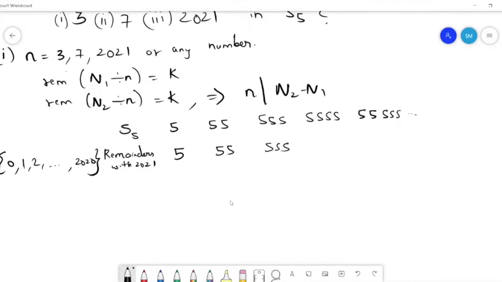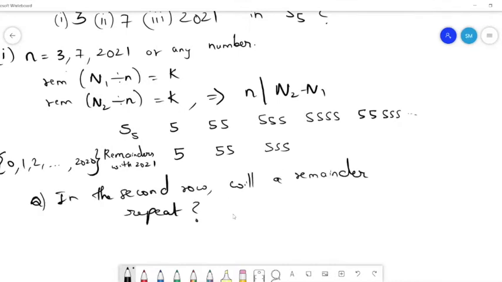So question here is, in the second row, will a remainder repeat? Yes, Shiv. There is a possibility that the remainder will repeat after 2020 terms. Will it definitely happen, or is there just a possibility? It will definitely happen.